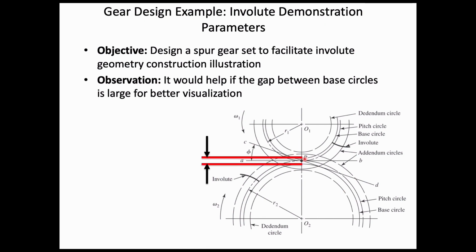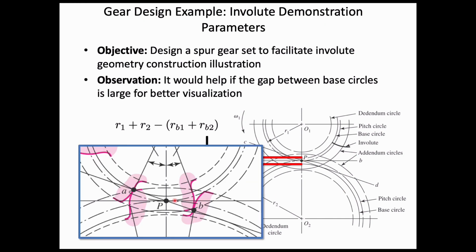So this is the gap between base circles in this figure, and we can calculate that gap as the sum of the pitch radii minus the sum of the base circle radii. Here we can see what that gap looks like in this zoomed in figure. So here's a base circle, and then here's the other base circle. And so the gap between those base circles is what we're trying to make sure is sufficiently large.